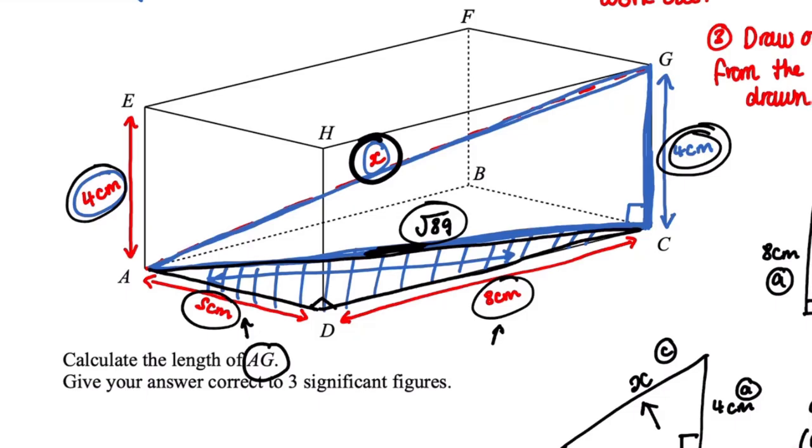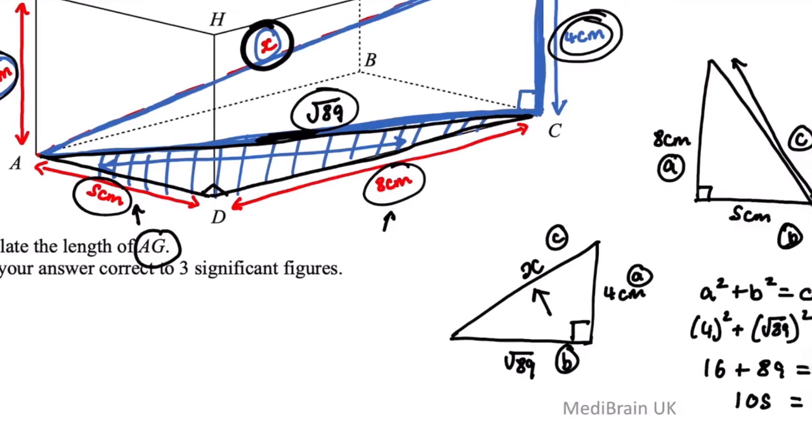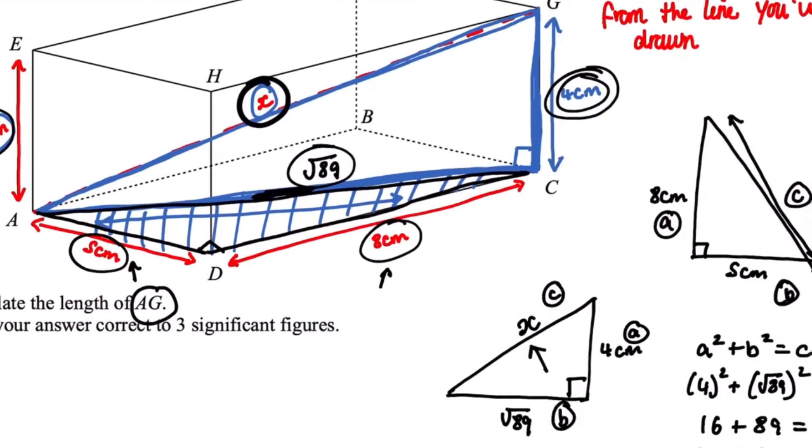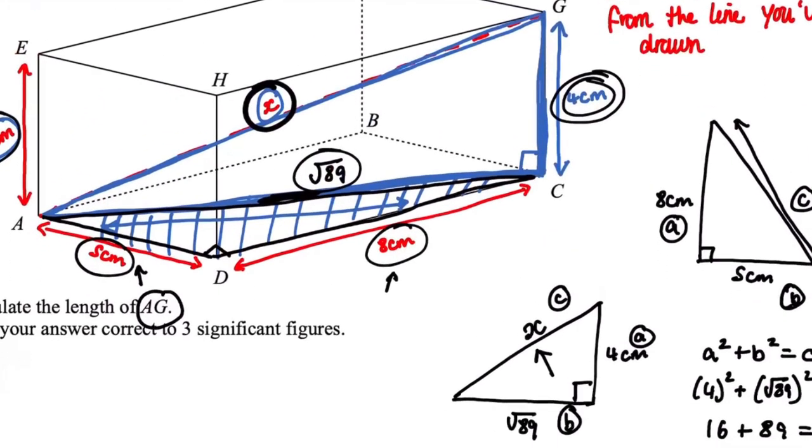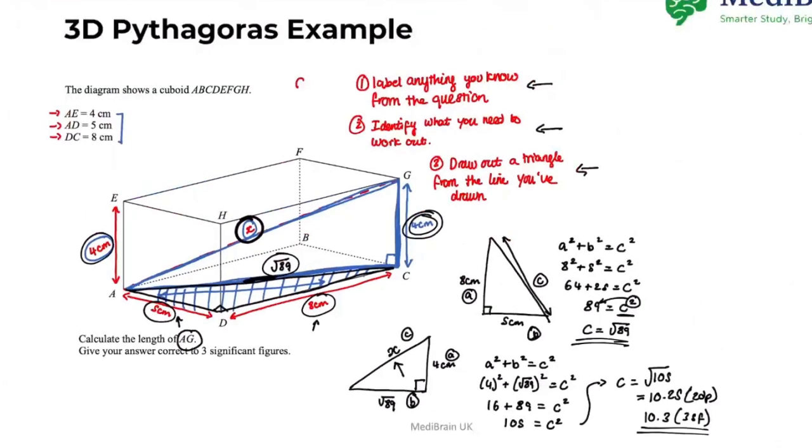And that gave us root 89 by using Pythagoras' theorem. And then because we knew the base, root 89, and we knew the height, which was 4 centimeters, we could use Pythagoras again to work out the length of x over there. A squared plus b squared equals c squared.